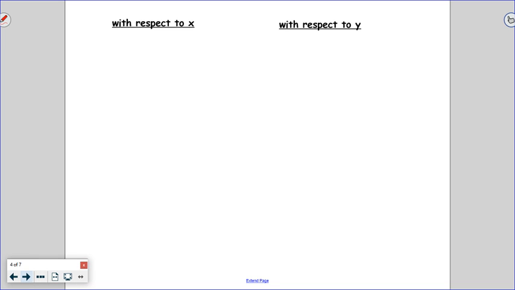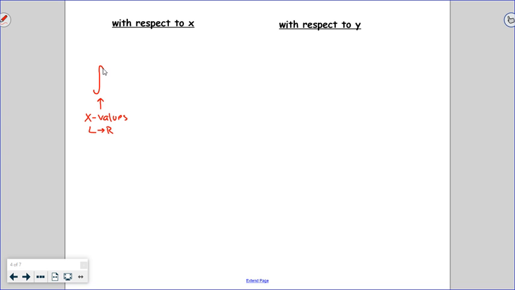Okay, so side by side, I want to make sure that we see the subtle differences in how we fill in our integrals, especially when there are multiple functions to deal with. So if we are writing an integral with respect to x, a couple things. First of all, remember that the interval that you put here, your a to b, needs to be x values. And our x values go from left to right in our shaded region.